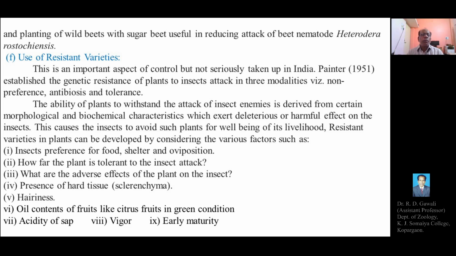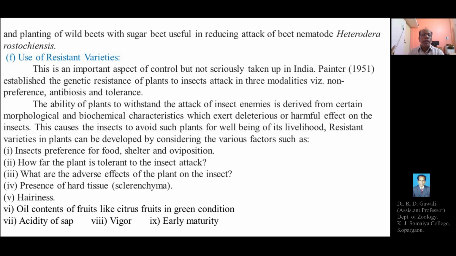Resistant varieties in crop plants can be developed by considering various factors such as insect preference for food, shelter, and oviposition.